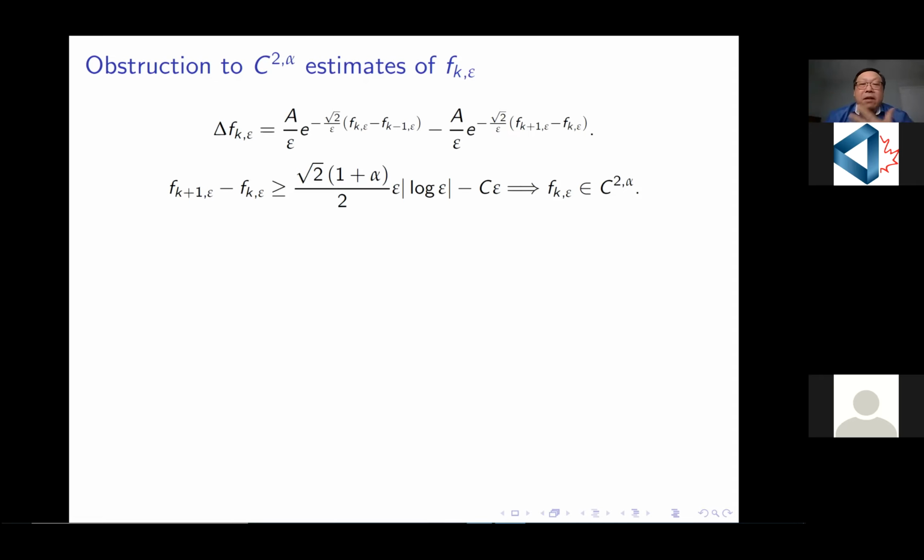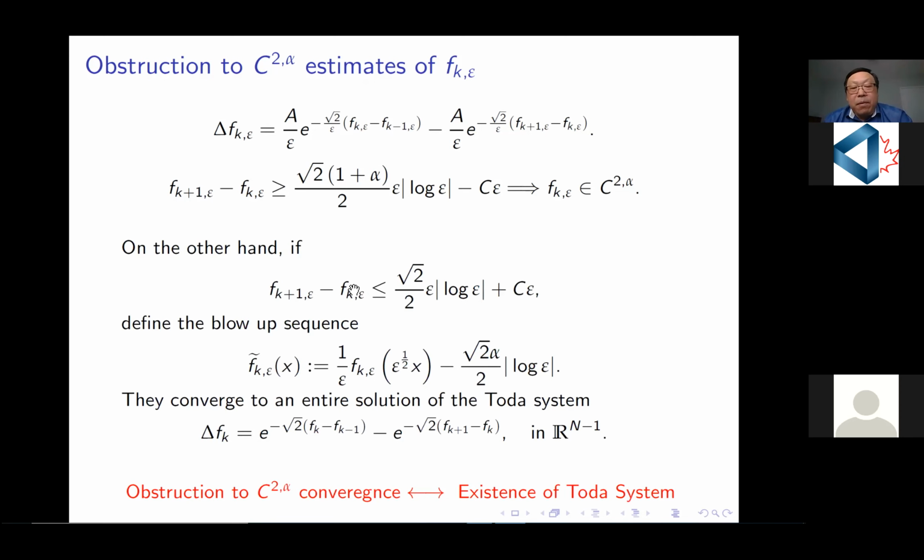Since we have a C1 alpha estimate, the equation can be approximated like this. Now you see that if these two leaves are far apart, then this term will be very small, and then we get a C2 alpha estimate.